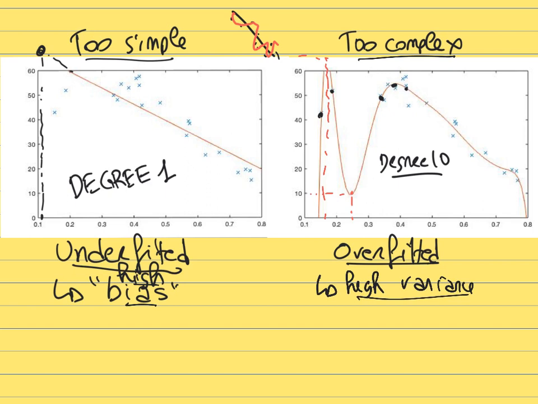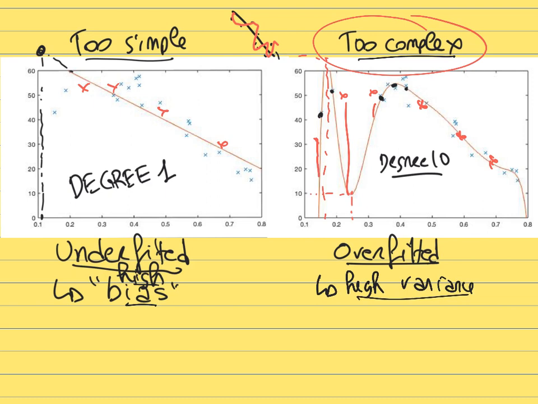If in the future you add some new measurements of new concrete, so if you add some extra points that are measured and that you add in your data set, and you have a model that is too complex, it's going to do a terrible job at predicting those new data that you are adding to the data sets.